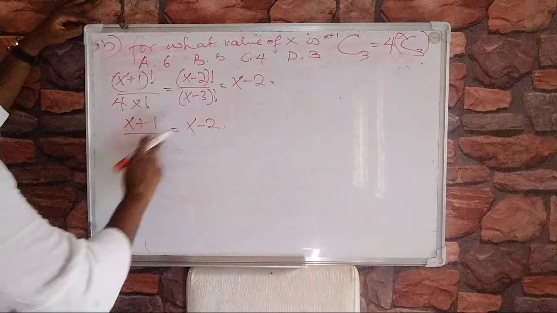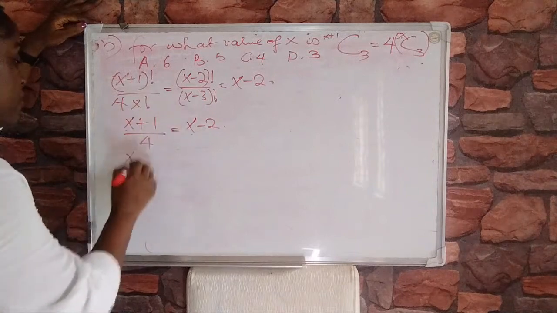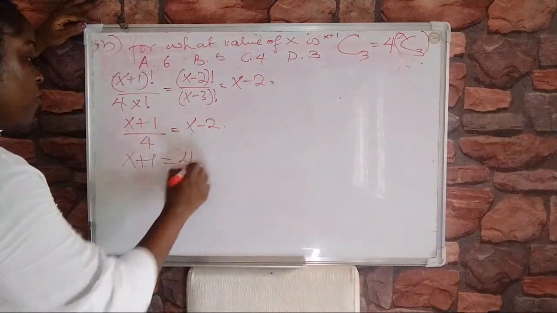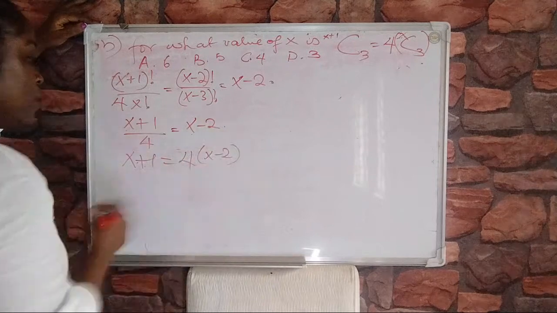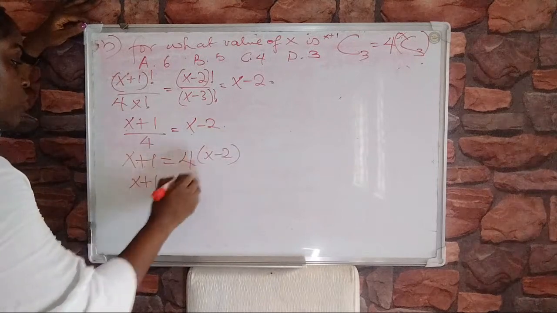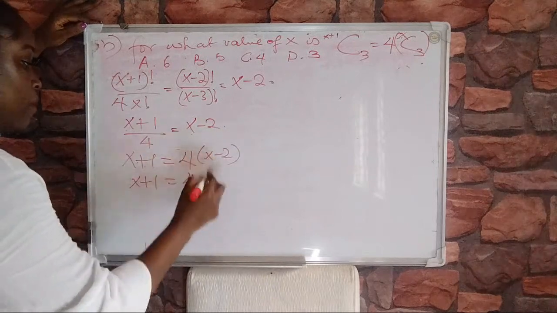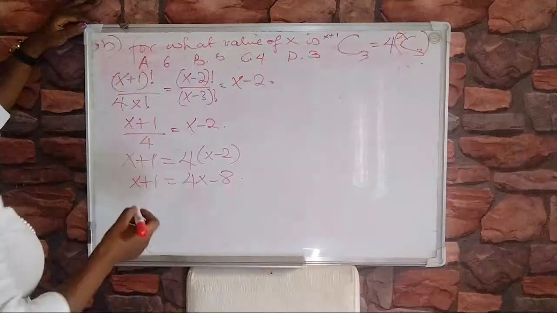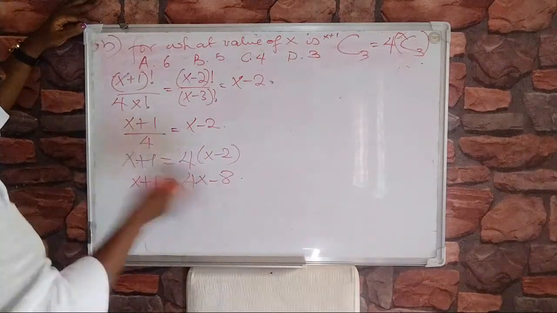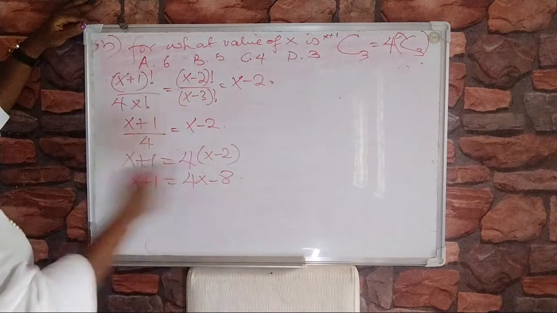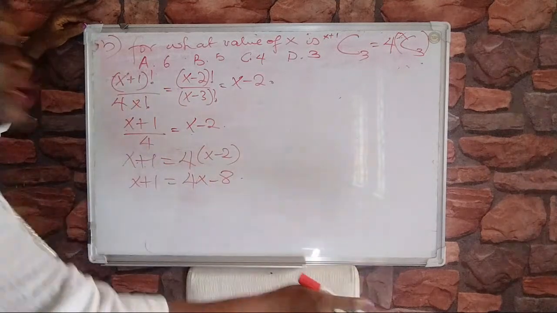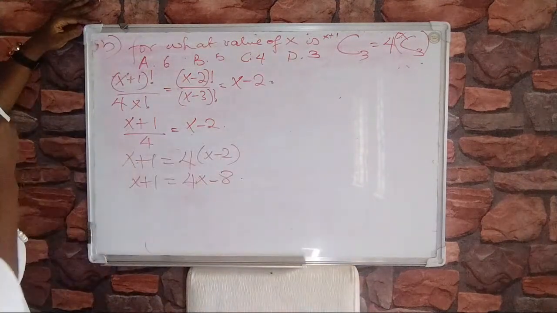So we'll bring 4 up. We'll have x plus 1 equal to 4 times (x minus 2). That's x plus 1 equal to 4x minus 8, right? So let's move everything to one side. We want x's to be on one side and the simple numbers on another side.